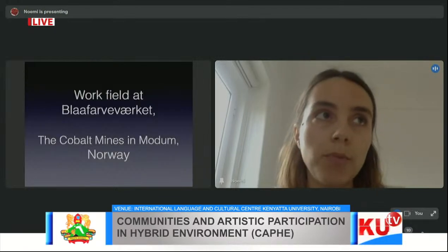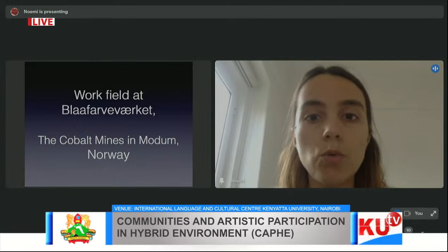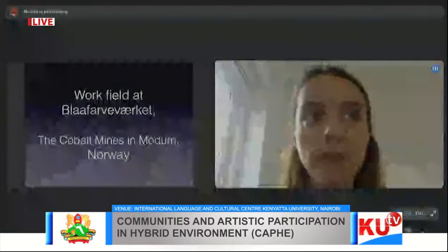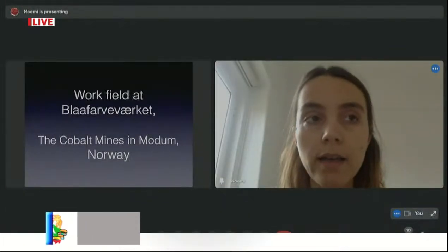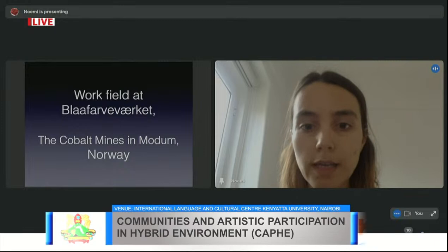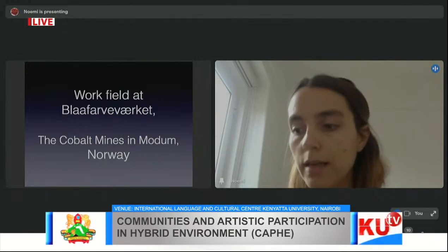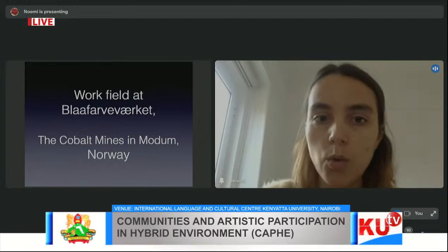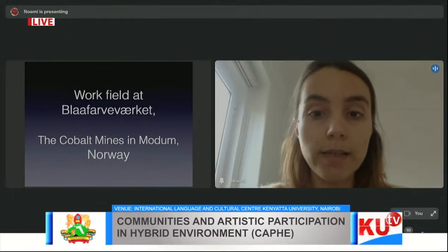So the next step in the research, I thought, would be to visit an actual mine and see how these extractive activities happen in a real environment, you know, in a cobalt mine. So I found this place in Norway.